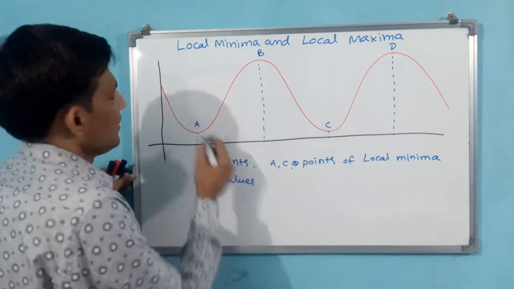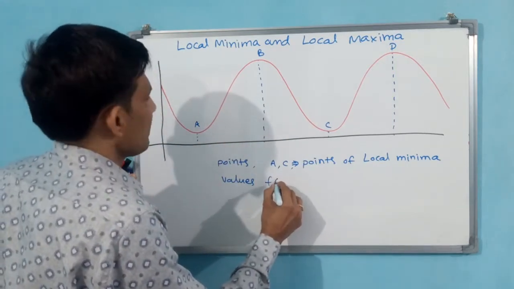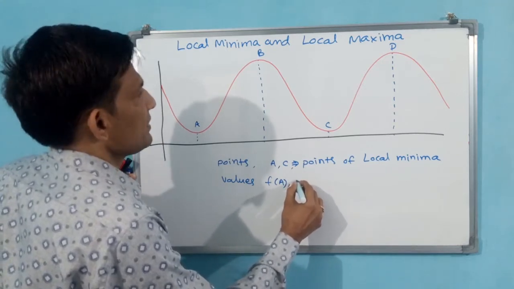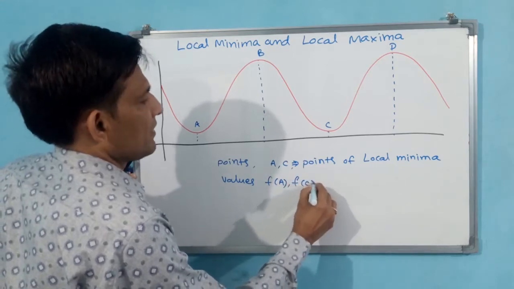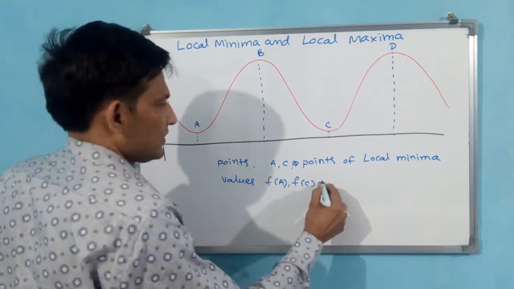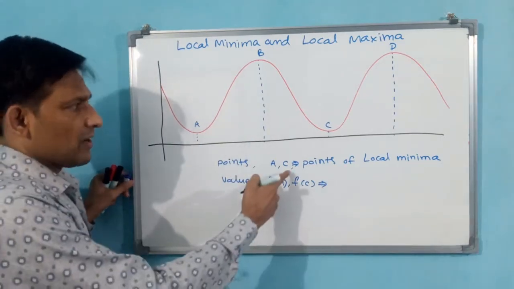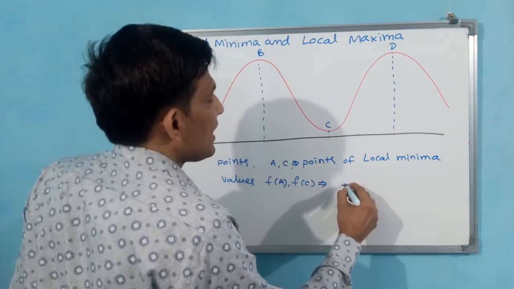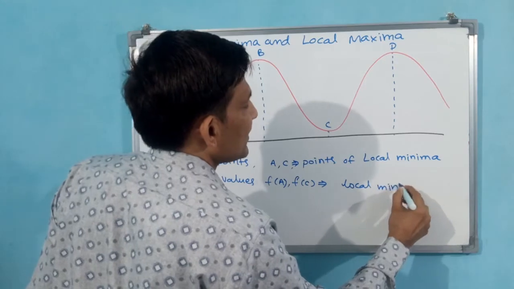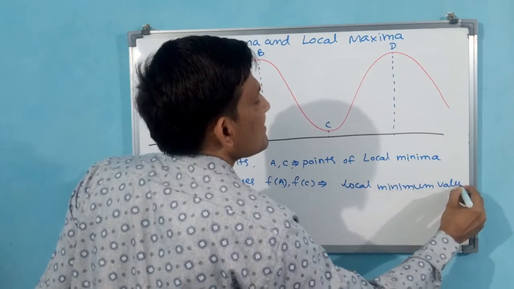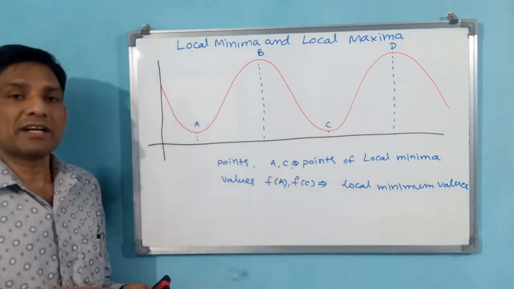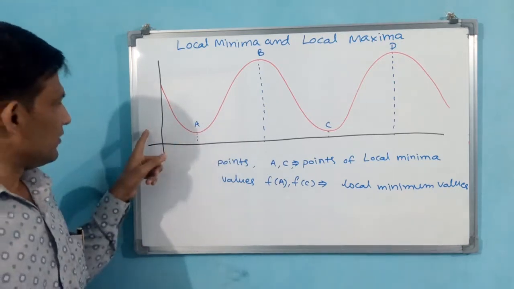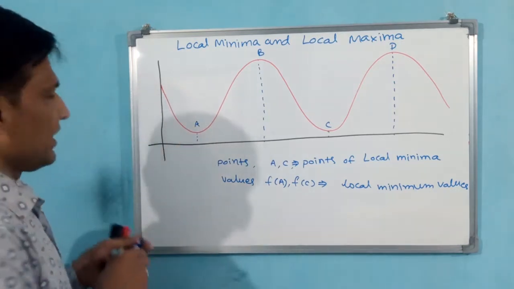Again, you see, f of A and f of C, not A and C, these are local minimum values. Local minimum value means f of x.